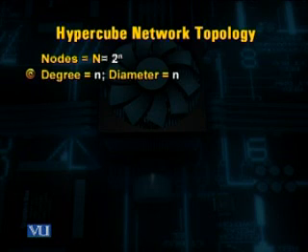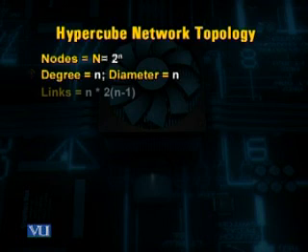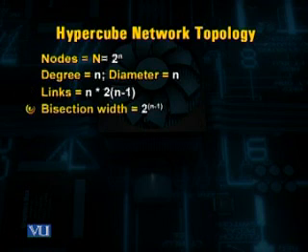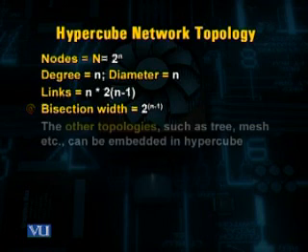The degree is equal to small n and the diameter is also equal to small n. Links are equal to small n multiplied by 2 raised to power small n minus 1, and bisection width is equal to 2 raised to power small n minus 1.